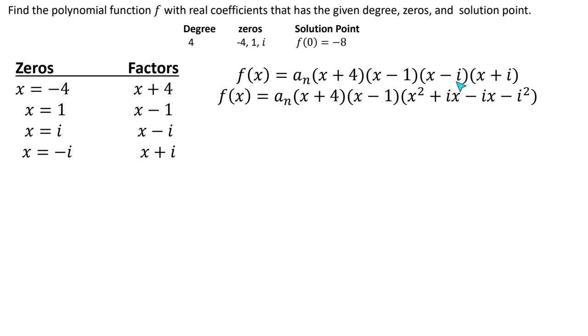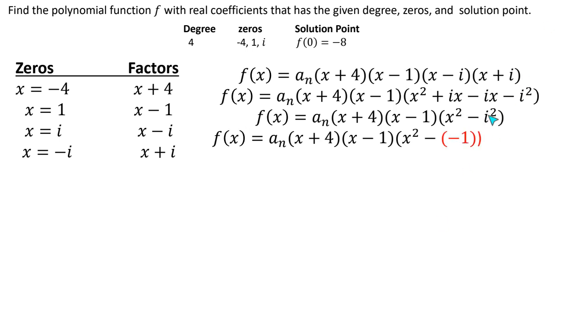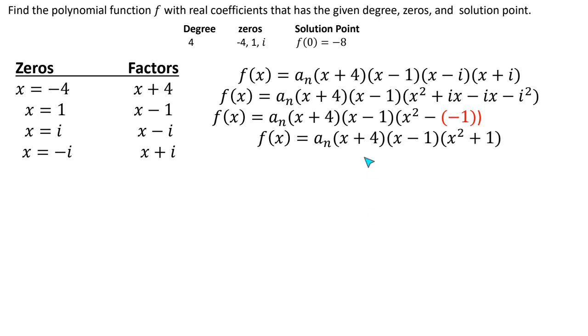So x times x is x squared, x times -i is -ix, i times x is ix, and i times -i is negative i squared. Simplify. Your ix's will cancel, so we're left with x squared minus i squared. I know that i squared is -1, so if I substitute that in, I end up with x squared plus 1.